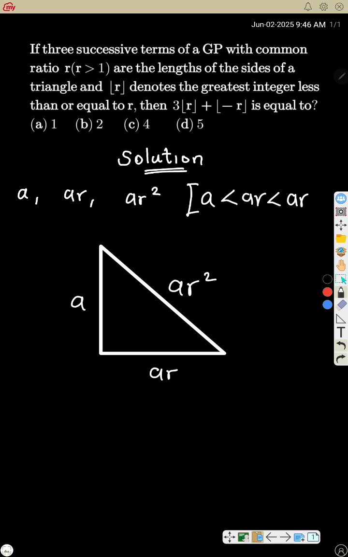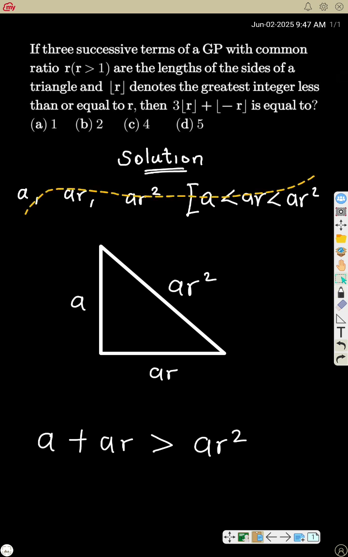So according to triangle inequalities, the sum of two sides, let's say a plus ar, must be greater than the third side. If the sum of the two sides is less than the third side, then you can't form a triangle. So the sum of this and this must be greater than the third side. That is the triangle inequality. This is where we start our solution, so let me start from there.